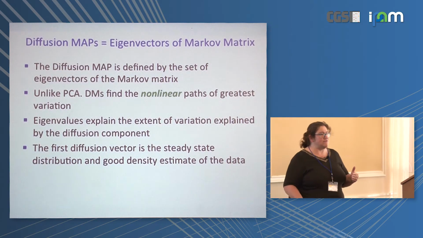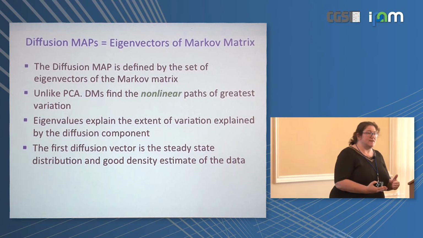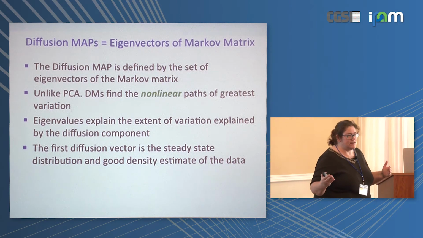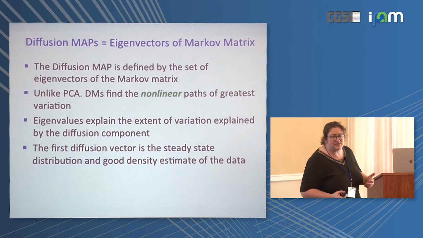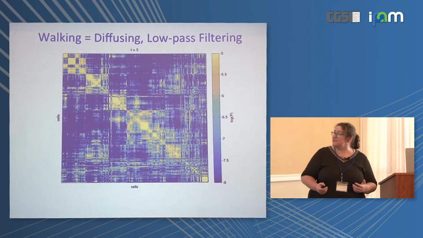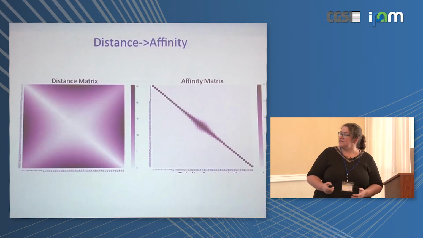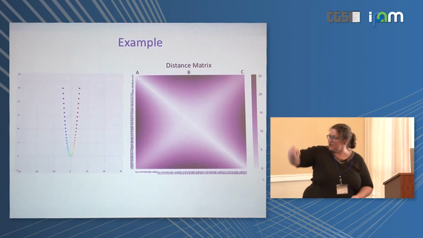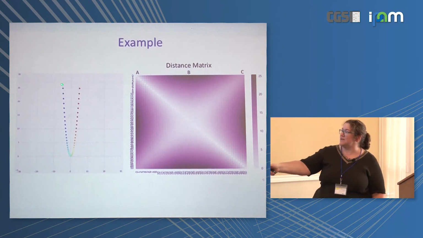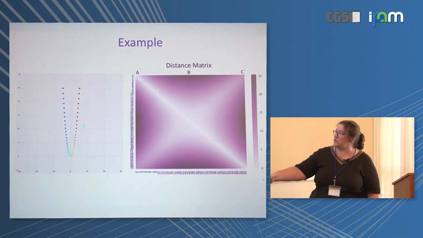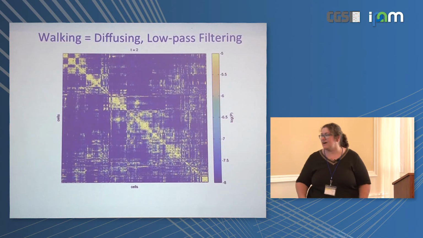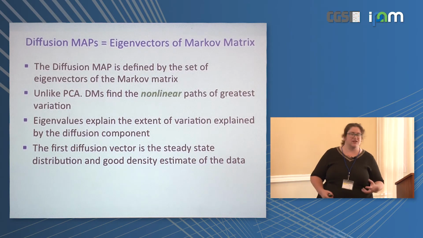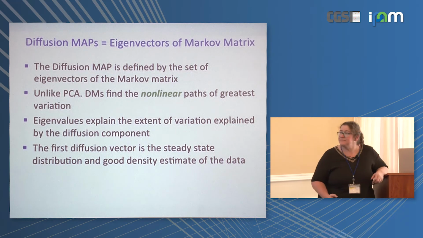And this, rather than finding the strongest linear trends through the data, actually finds the strongest nonlinear trends of densities. So the second eigencomponent would be this long twisting line right here. So it really finds these twisting and turning trends in your data.